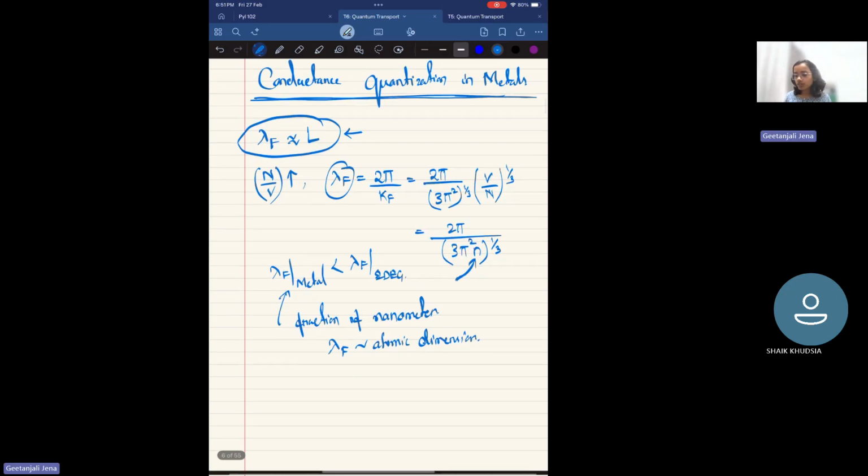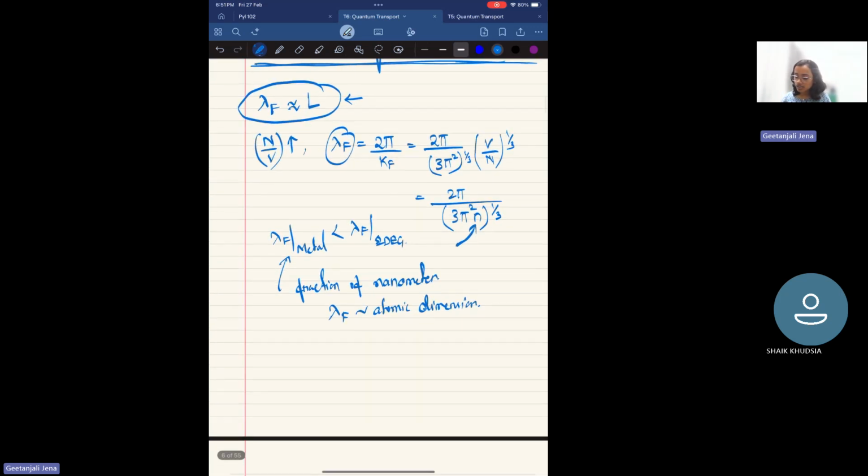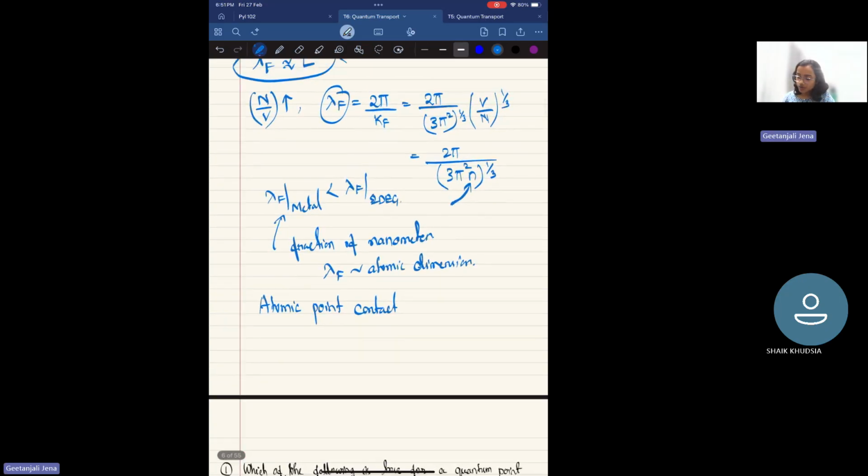That is why, if you want to see the same ballistic transport for the metal, we need to consider an atomic point contact, where the width of this constriction should be of the order of atomic dimension.